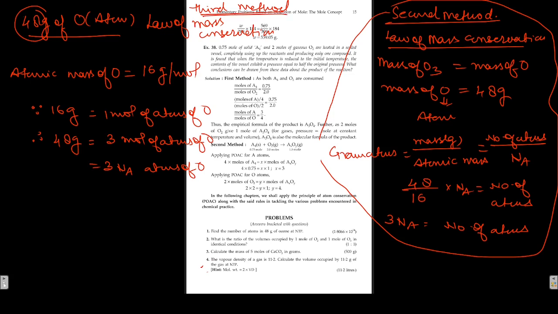We can use one more method, the fourth method, to solve this question. Here again I am writing the atomic mass of O, which is equal to 16 U per atom.